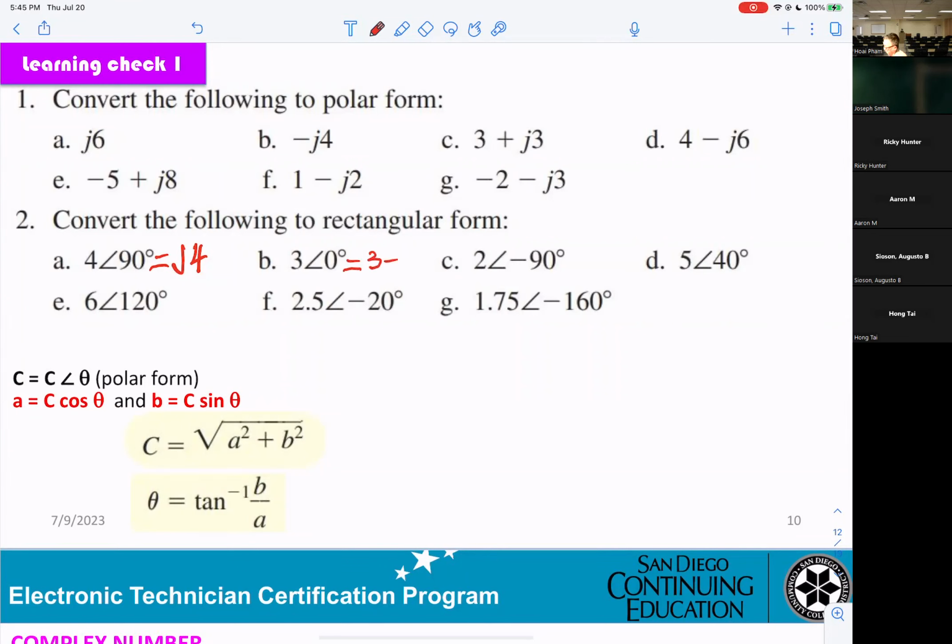If you want J, J will be 0. Number C. So that's minus 90, and you go down 2. Oh, I'm sorry, minus J2. D.